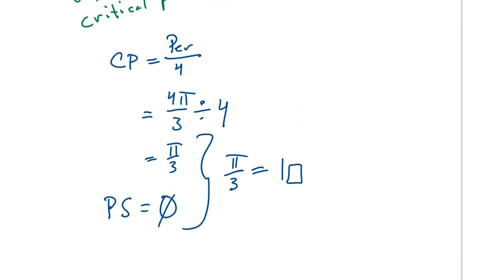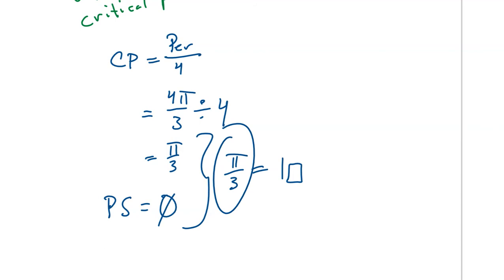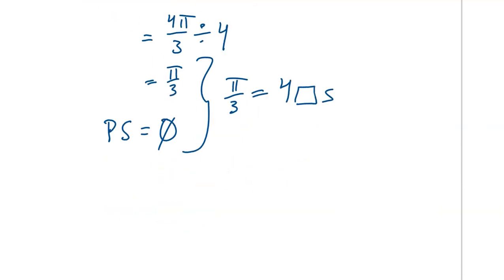This is not appropriate. So we've got to stretch it out and use more of the grid. So pi by 3 is the distance between points. So I'm just going to make that equal to 4 squares. And therefore, there will be 4 squares between critical points.